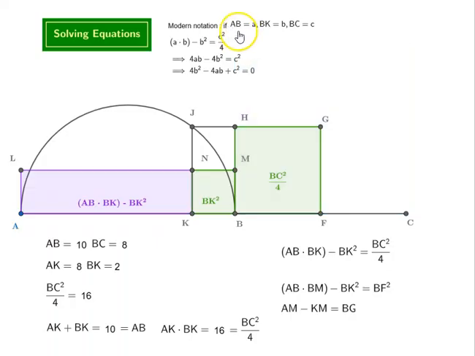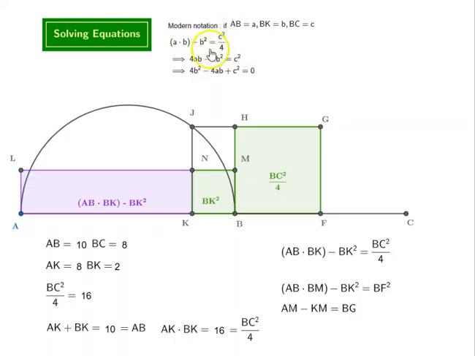In modern notation, if AB is equal to A, BK is equal to B, and BC is equal to C, then AB times BK becomes A times B minus BK square, that is B square, is equal to BC square by 4, that is C square by 4.